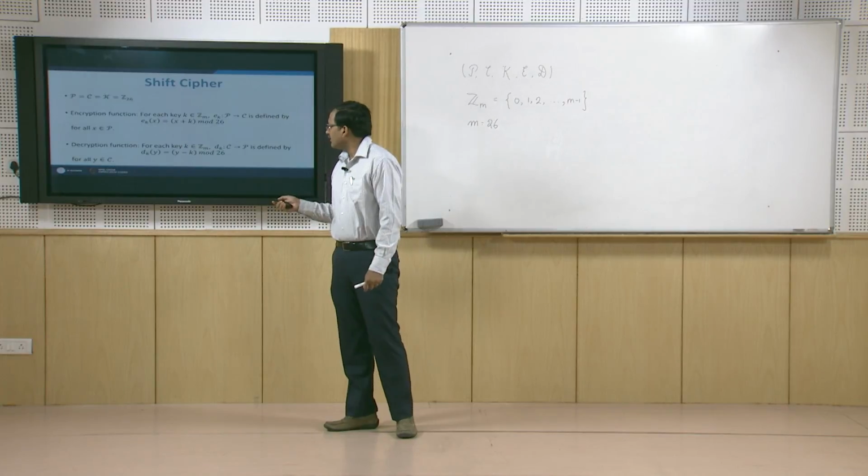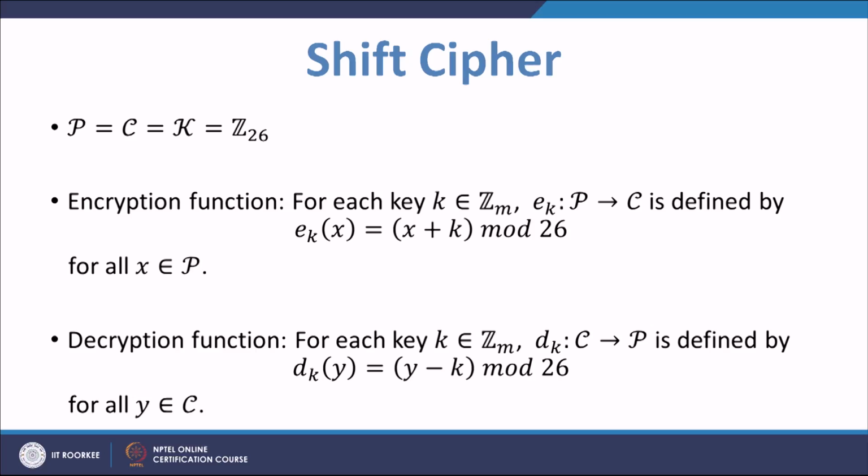So, naturally d_k(y) is equal to y minus k mod 26. That is the decryption.